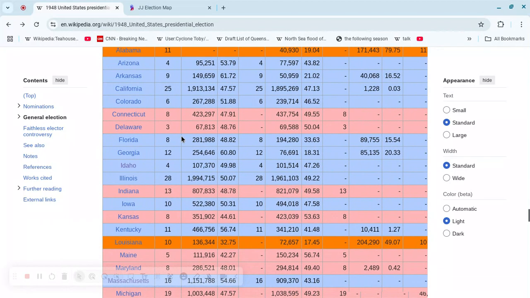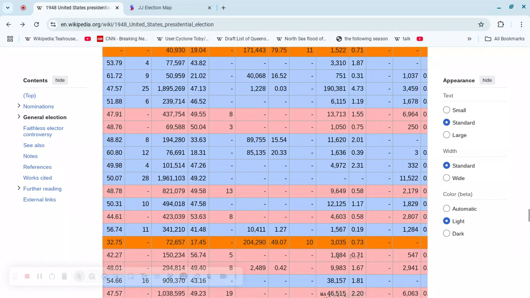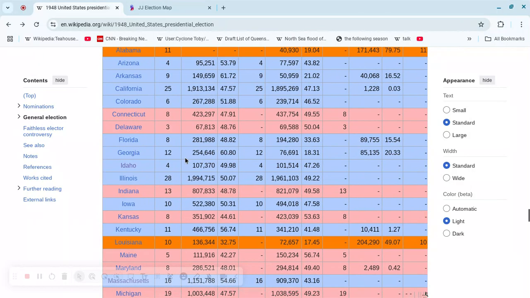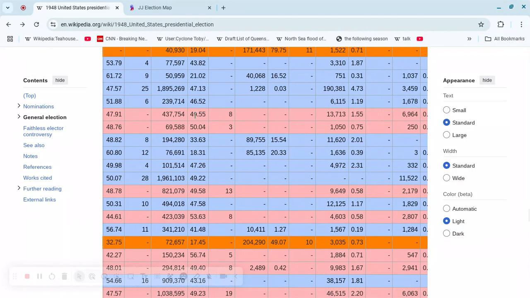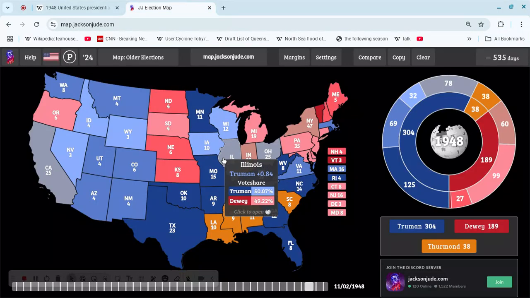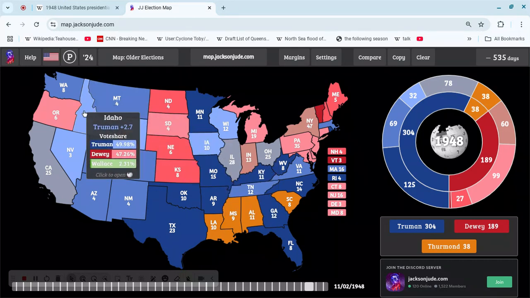But looking at some of these other states, many of these states were solid, but not all of them were. Illinois, he didn't really get a lot of support, so Illinois stays at plus 0.84. But a state like Idaho, where he got 2% of the vote, now he has a 5% margin of victory.